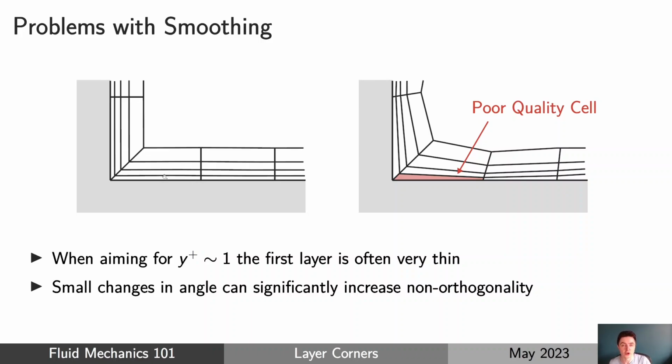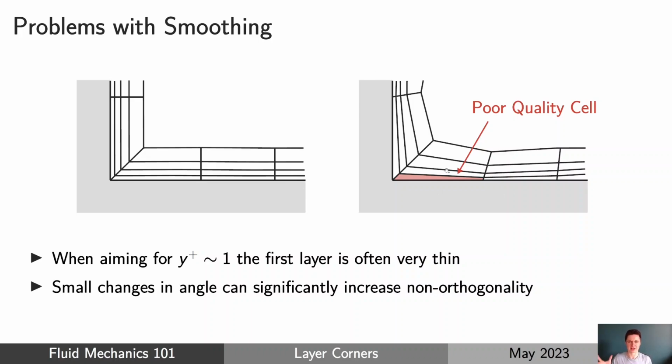So the non-orthogonality won't be an issue because if we draw our vector between the centroid across the face to the other centroid, that vector is perfectly orthogonal to the face, and so these cells here won't be a problem for non-orthogonality. This cell, of course, in the corner may be because of the angle here, but the original mesh won't cause a problem for the non-orthogonality, but the smoothed version might do.